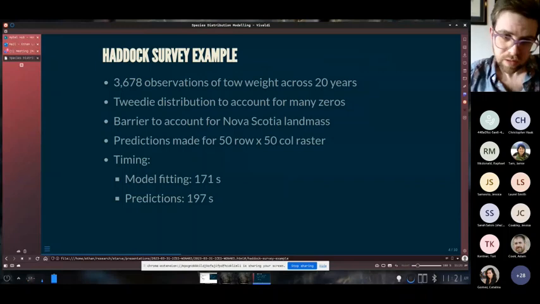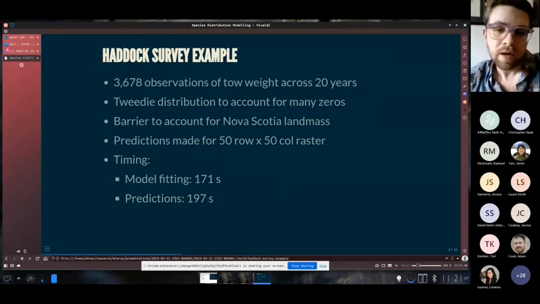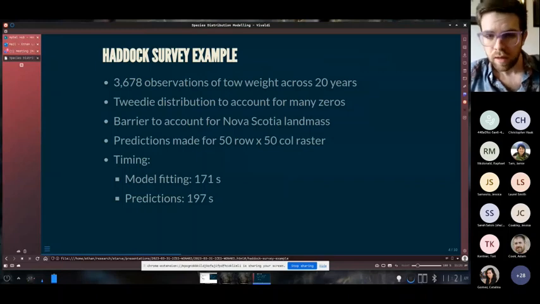And so to account for those zeros, we used a Tweedie distribution. We also used a barrier to account for the Nova Scotia landmass because we have some observations up in the Bay of Fundy all the way across the Scotian Shelf. So we needed to account for the fact that fish can't cross land.